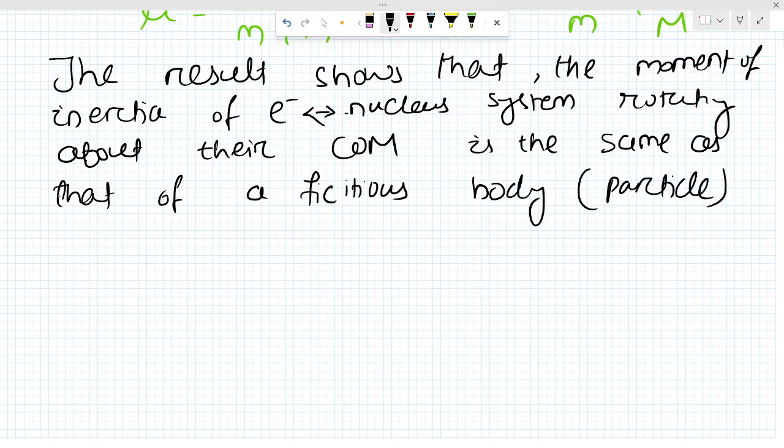Okay, it is similar, it is homologous to your effective body or particle motion.